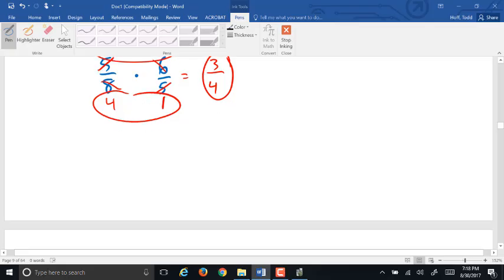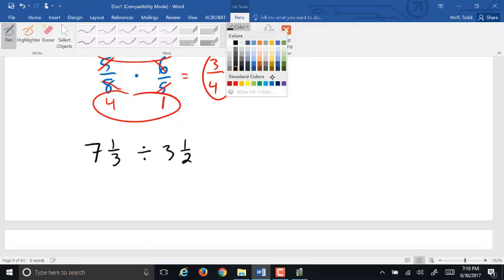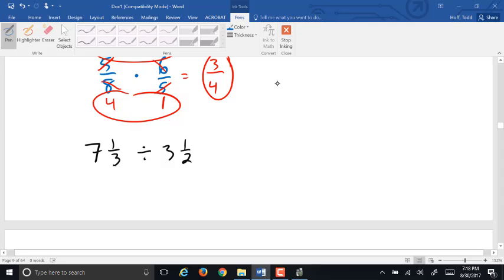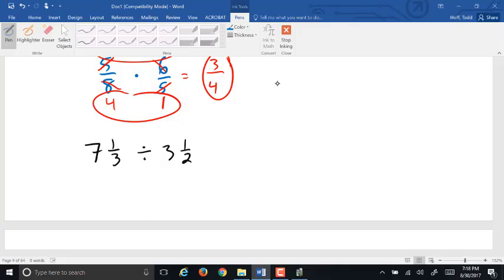So on to the next step. 7 1/3 divided by 3 1/2. Now, if we're going to take our fractions when we divide and do the reciprocal and turn it into multiplication, it makes sense that for mixed numbers, we'll do the same thing we did for multiplication, which was turn them into improper fractions.